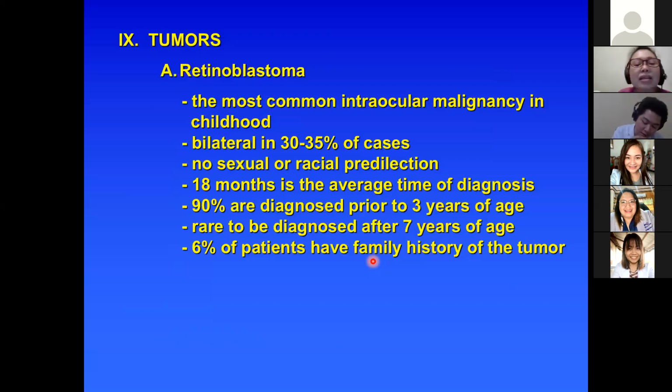Lateral in 30 to 35% of cases. And usually for rhabdomyosarcoma, the average age of diagnosis is 7 years old.